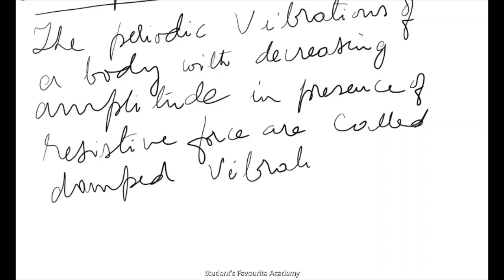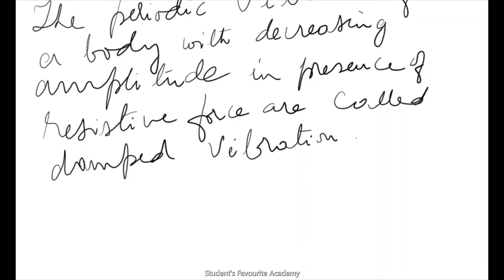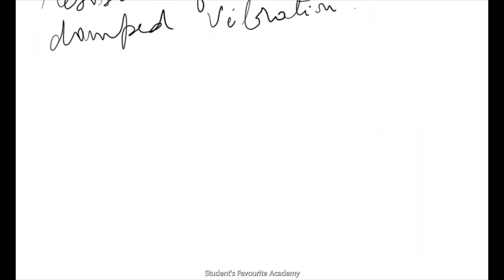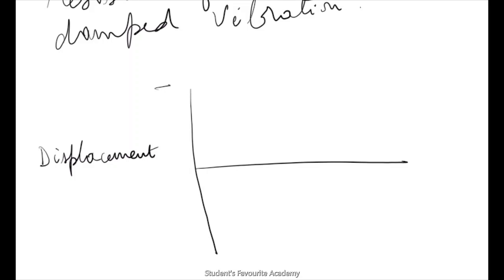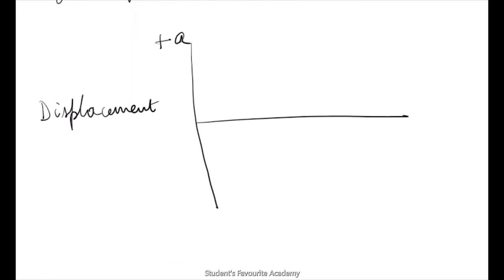Now, if you again plot a graph for these damped vibrations with displacement on the y-axis and time on the x-axis, it will look like this. So displacement is taken on the y-axis, this is plus a, minus a, and time is taken on the x-axis.